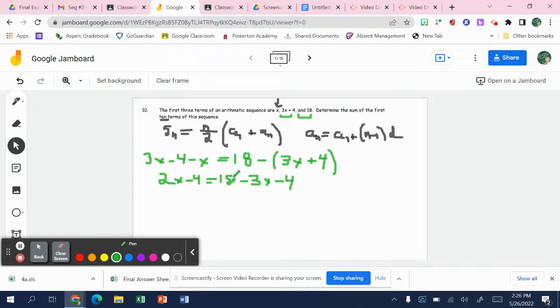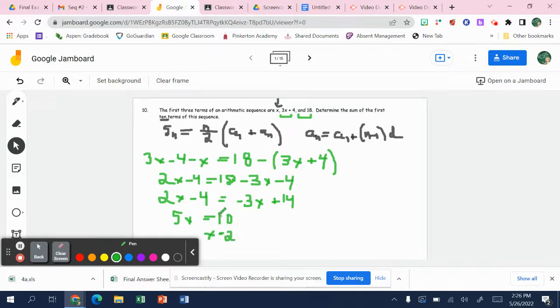This is 18 minus 4, so this will be 2x plus 4 equals minus 3x plus 14. If I add 3x to both sides, this will give me 5x. And if I subtract 4 from both sides, that'll give me 10. So now I know that x equals 2.